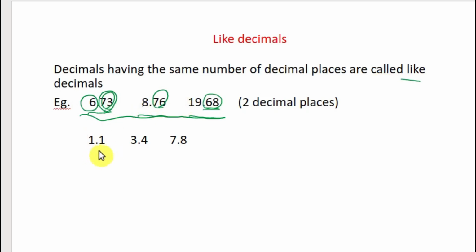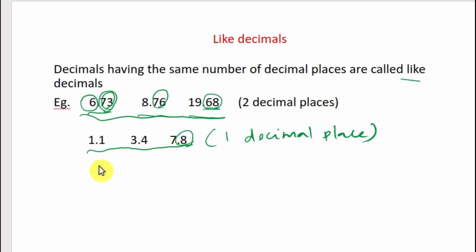The next example is 1.1, 3.4, 7.8. These three decimals have one decimal place each. So these three decimals are like decimals.